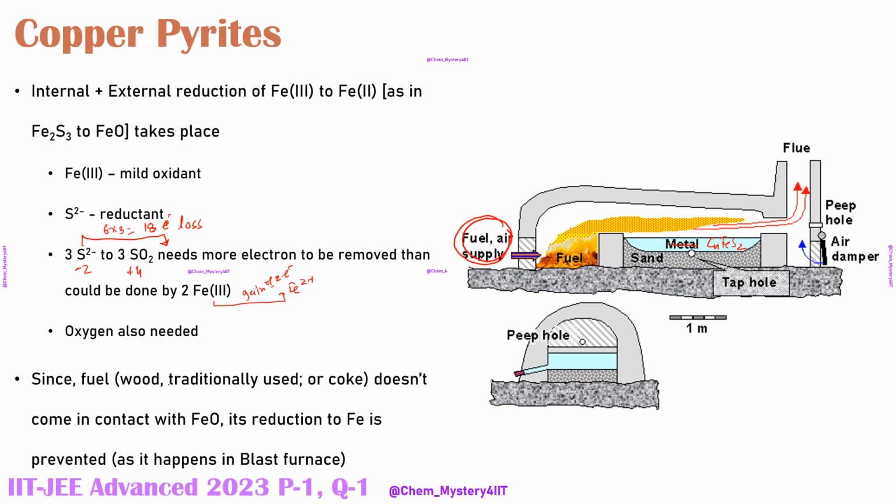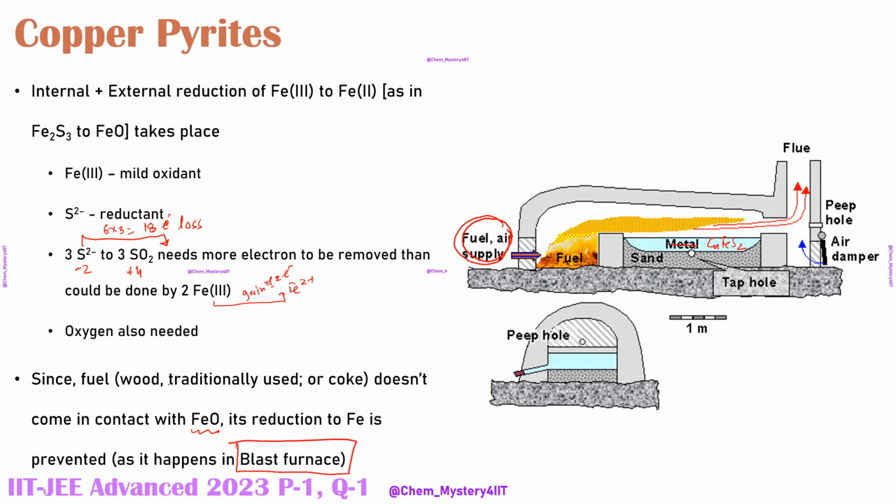This is not giving enough flames which can be effectively used to heat your ore samples or the metal samples. So mostly wood has been used, but the important thing is this is not coming in contact with FeO, because FeO can possibly be converted into metallic Fe if you are using carbon in contact with that. That is the situation we have seen in the blast furnace happening in the metallurgy of iron as such.